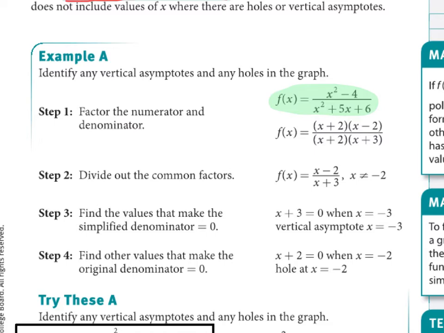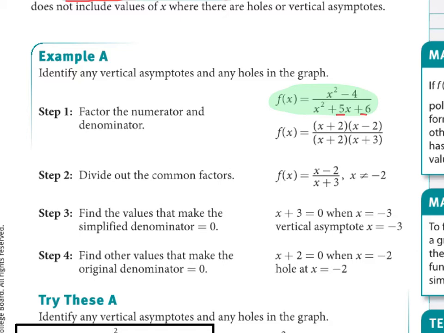What we're going to do is factor the numerator and denominator if possible. The numerator, x squared minus 4, is the difference of perfect squares, so x plus 2 times x minus 2. The denominator, x squared plus 5x plus 6, is similar to what we saw in the warm-up, where we can get factors of 6 that add up to 5. That's why it factored into x plus 2 and x plus 3.